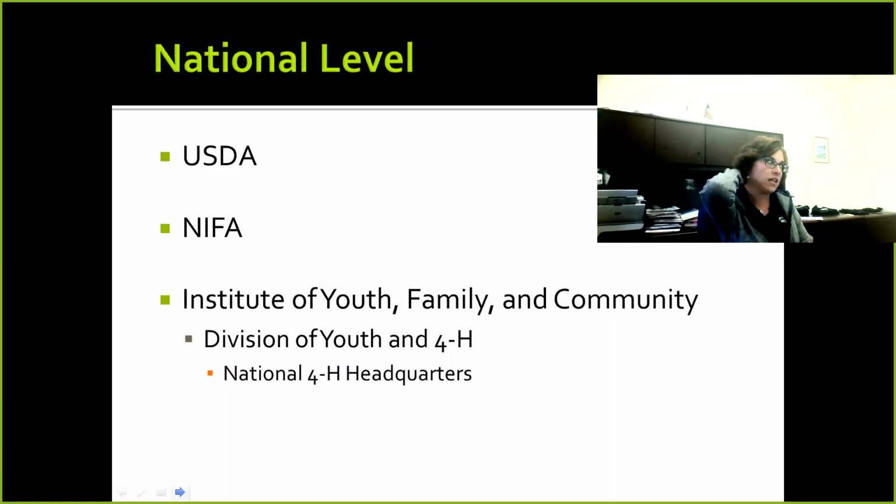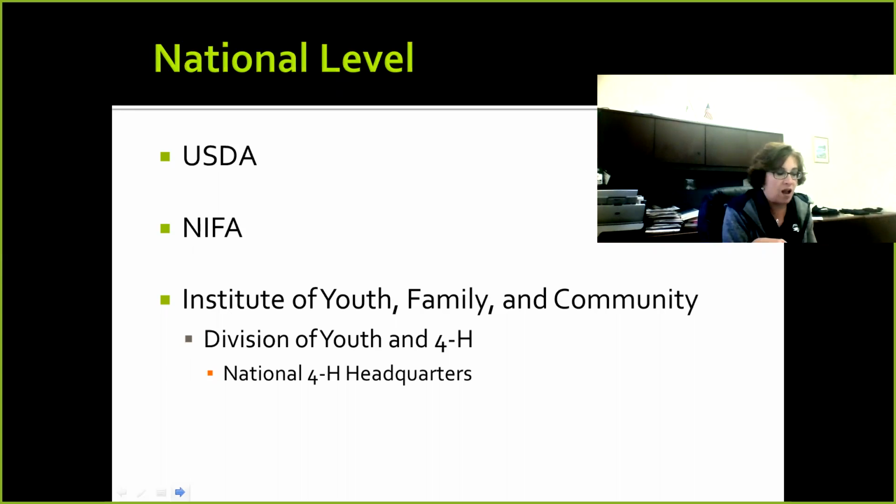So at the federal level, or the national level, USDA, the United States Department of Agriculture, is the overall group that runs Extension, Cooperative Extension. At that level, they are the ones that administer the program. The U.S. Department is a congressionally approved home for our organization.